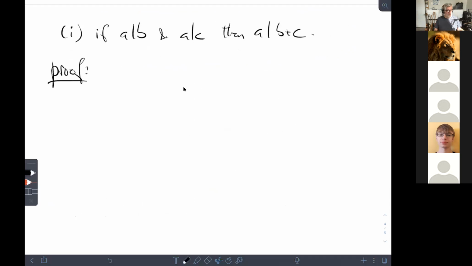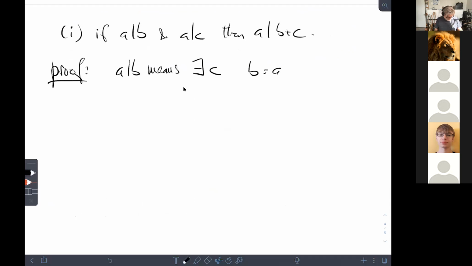Okay, so this is just a straightforward proof. If A divides B, I'm just applying the definition, it means that B is a multiple of A, means there exists some integer, everything is an integer here, such that B equals A times, oh, not C, bad choice.